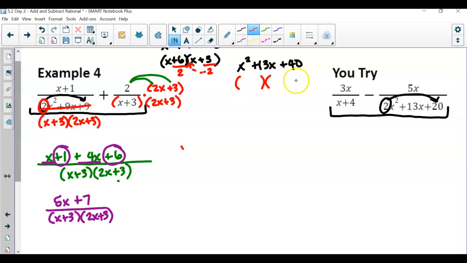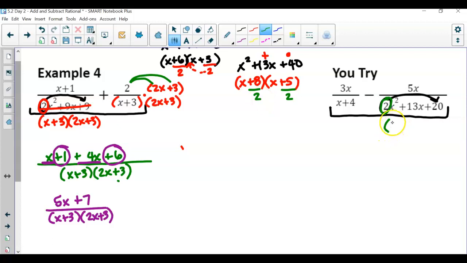What numbers multiply to get 40 and add to get 13? 8 and 5. But we're not done because this was not our factored form because a was 2. So now make sure to divide by 2.